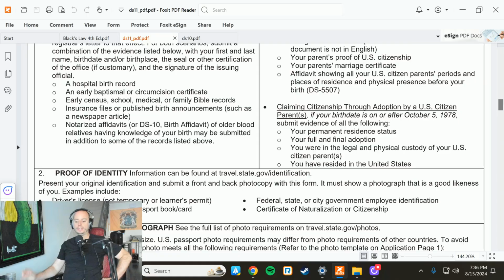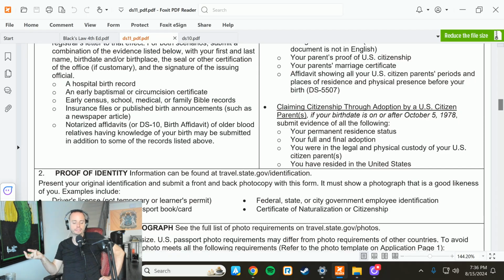Now, I'll tell you what, the worst thing that can happen is you pay $300 and they tell you to go away. And then you go back in the next week, you fill out another application, you wait 3, 4, 5 weeks, they tell you no. You go back in another week later, you fill out another DS11, you pay the $300 and they tell you no. That's the worst thing.